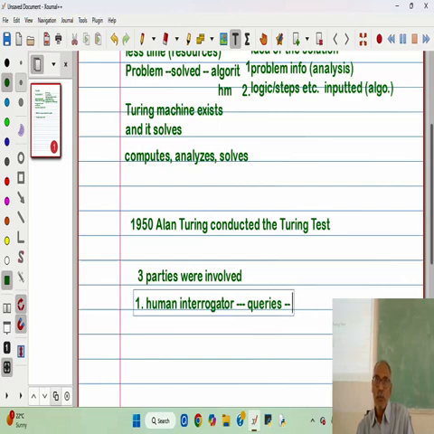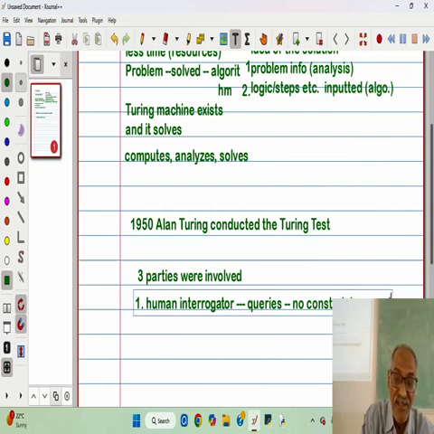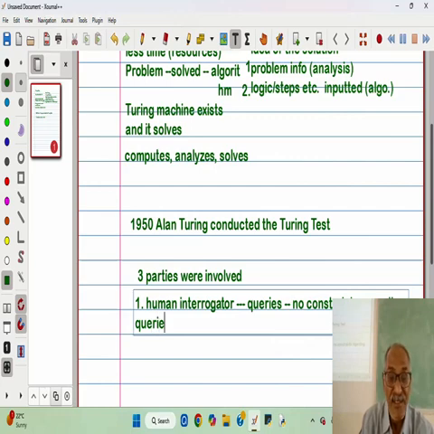There is no scope defined. He can ask any question of his choice. So no limit, no constraint as far as questions regarding queries are concerned. Human interrogator, he can ask anything.